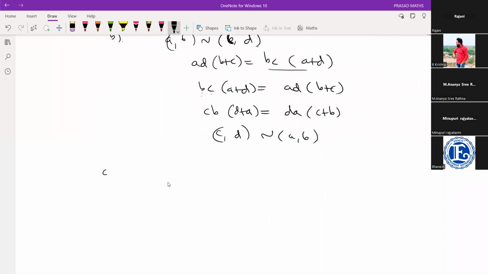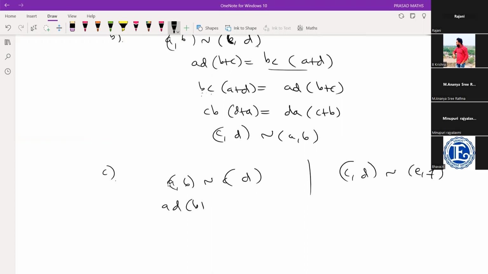Is it transitive? (a, b) is related to (c, d), and (c, d) is related to (e, f). So what is this? ad(b + c) = bc(a + d).